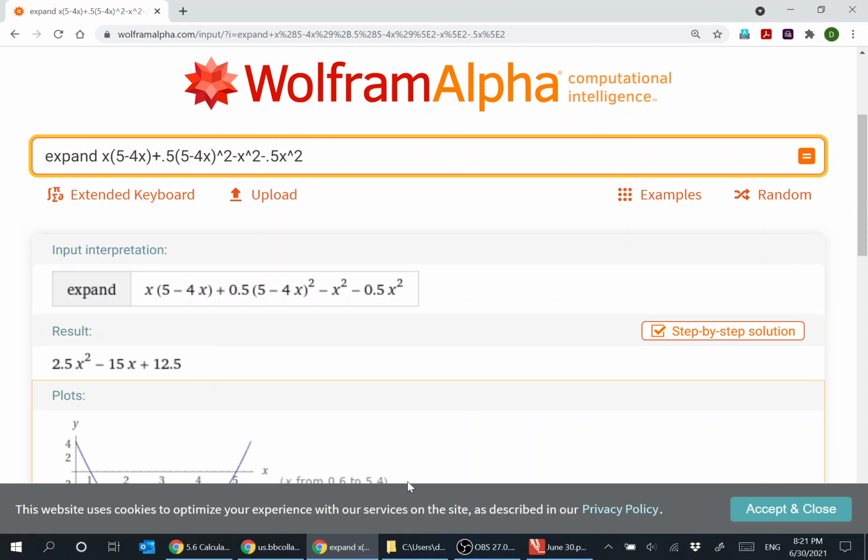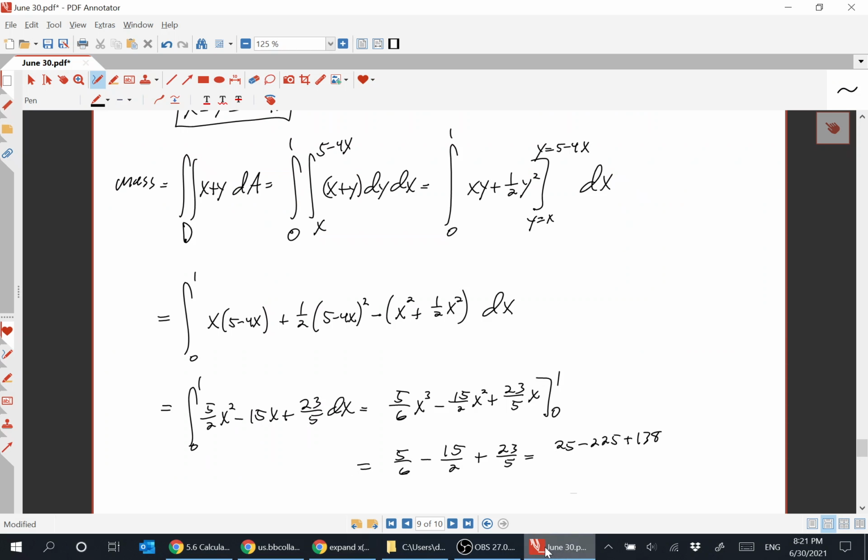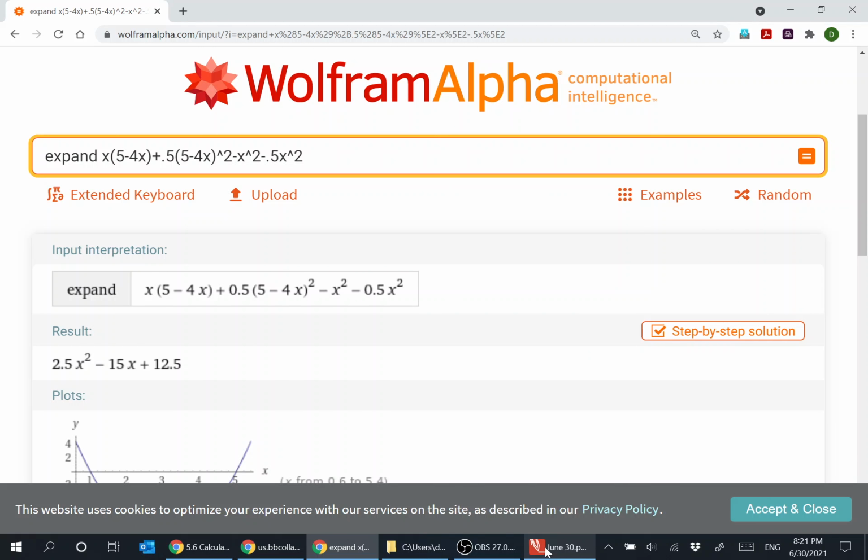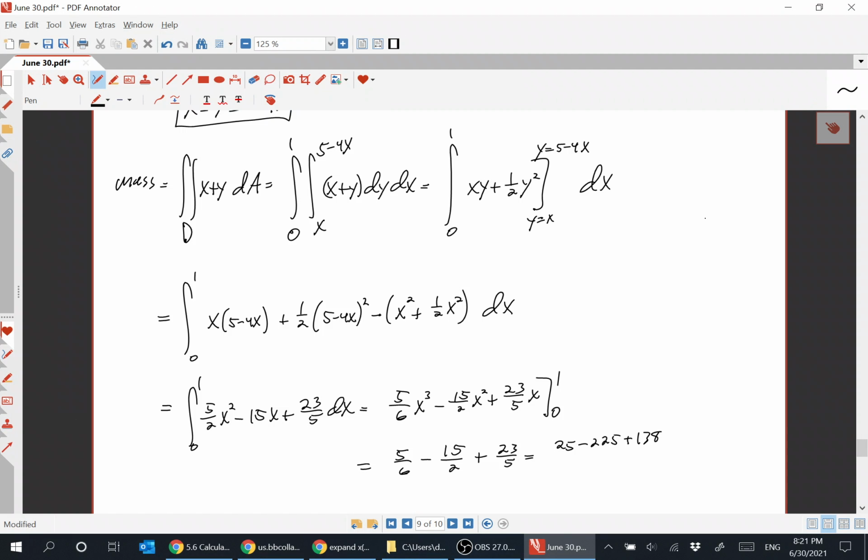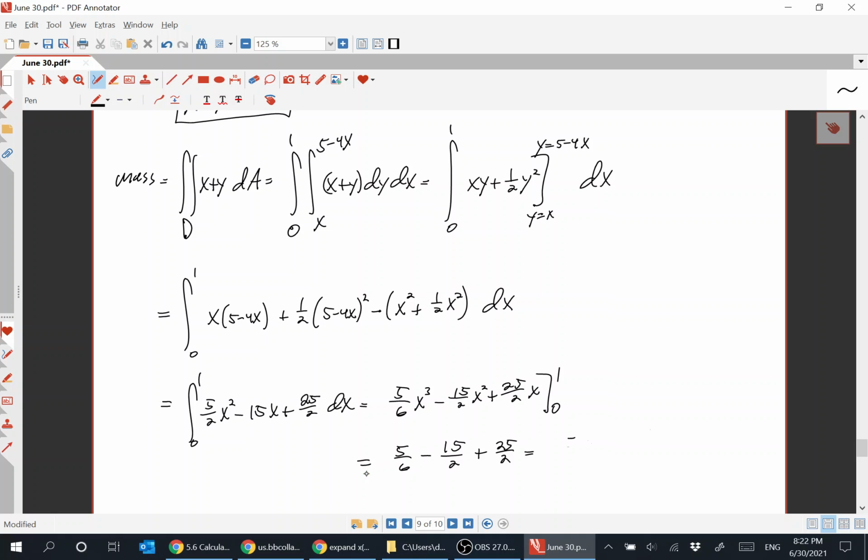Dr. Salati, I think the 12.5 is 25 over 2, not 23 over 5. Well, 25 over 2. That is it. So the least common denominator here is 6.